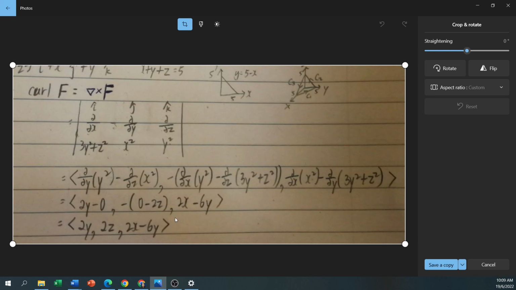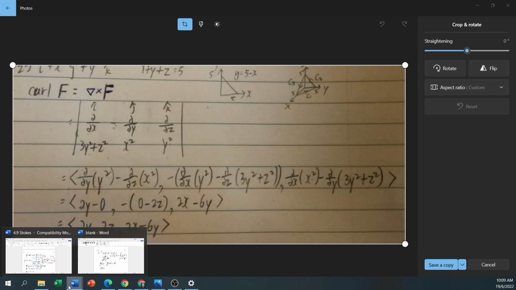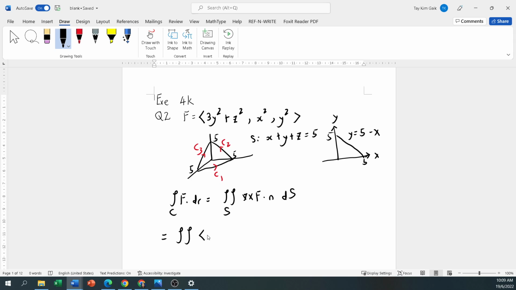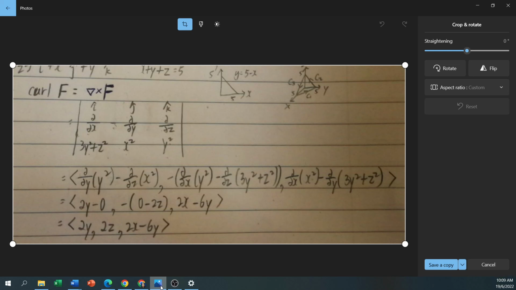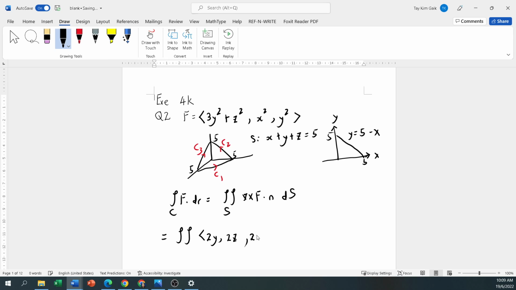And the curl of F we have found here is 2y, 2z, 2x minus 6y. Now we want to dot with n.